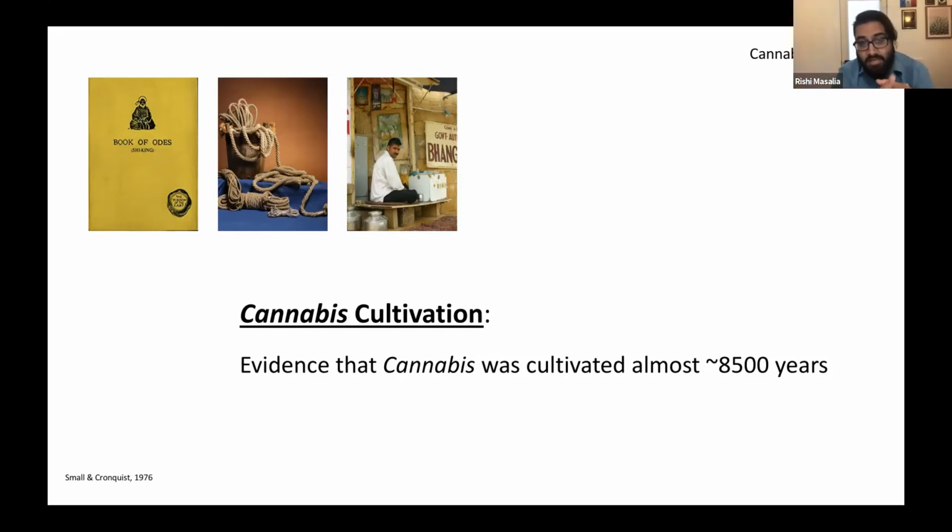In the 1700s, in the English colonies, hemp was predominantly used for cording on ships. Every English naval ship had hemp cording, and it was to the point where if you were an English colonist in Virginia, you could actually pay your taxes to the British government by growing hemp and giving it to the government.